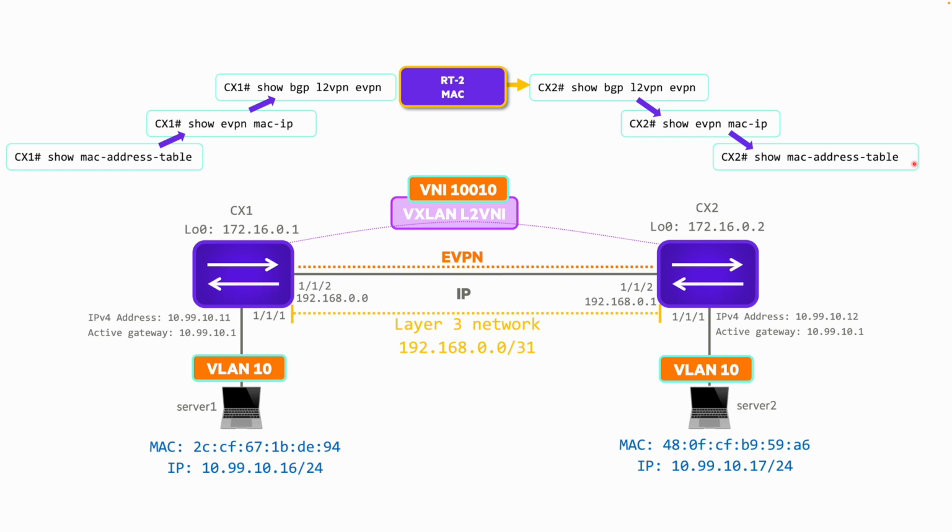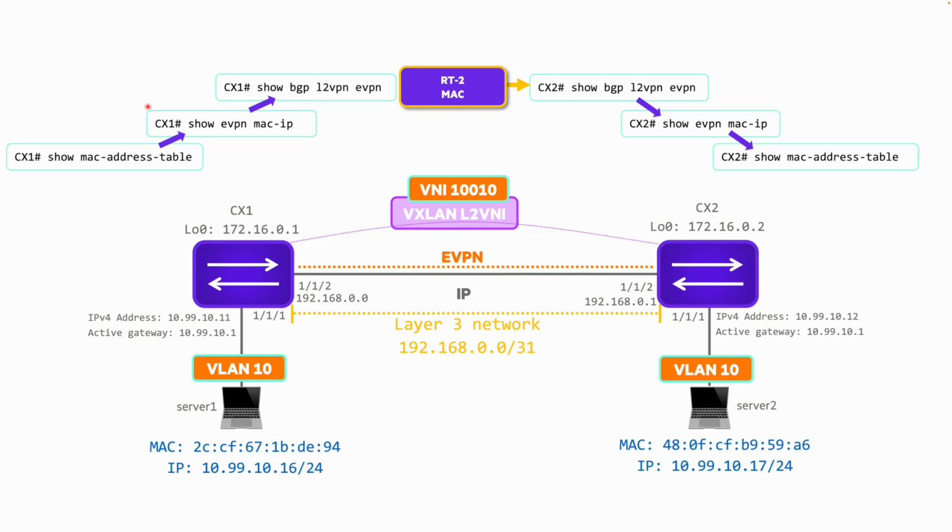So depending on your point of view, if the client is local, then I would be using this process. So for server 1 on CX1, because it's all about point of view, okay? If it's server 1 on CX1, I would be looking at the MAC table, EVPN table, and then the BGP table.